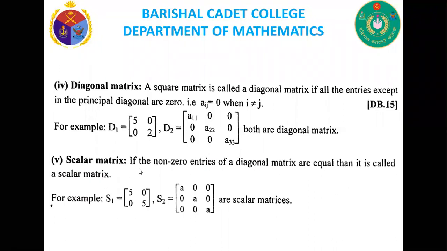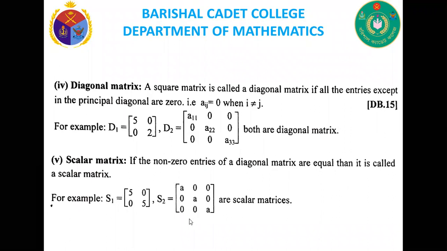Now, scalar matrix. If the non-zero entries of a diagonal matrix are equal, it is called a scalar matrix. For example, 5 0 0 5, a 0 0, 0 a 0, 0 0 a. Here you can see easily that this one is a square matrix, and in the principal diagonal all the elements are same.